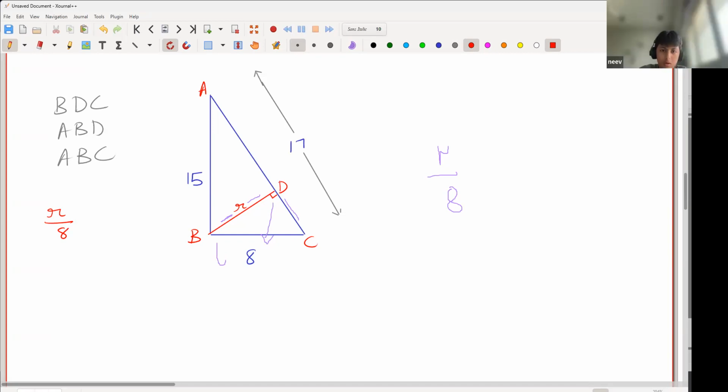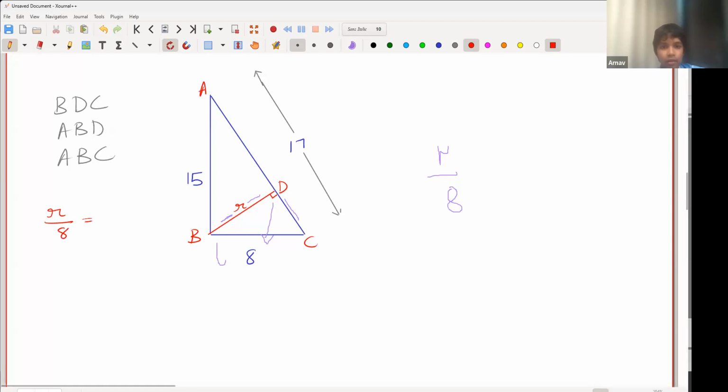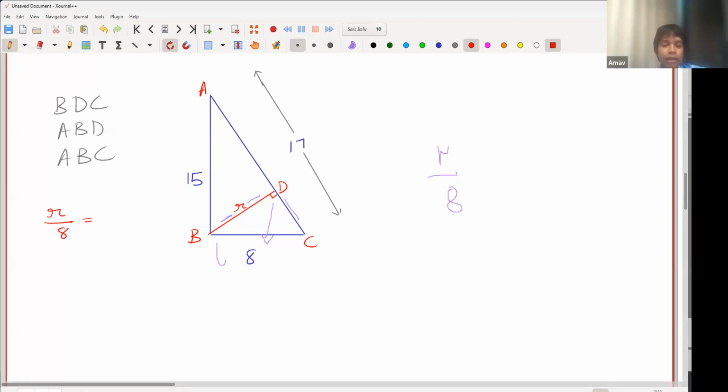And then in the biggest triangle, ABC, let's take the medium to the longest side. Our 90 degrees is over here, so our hypotenuse is here, and this is our longest side. So it's 17, so let's keep the denominator as 17.